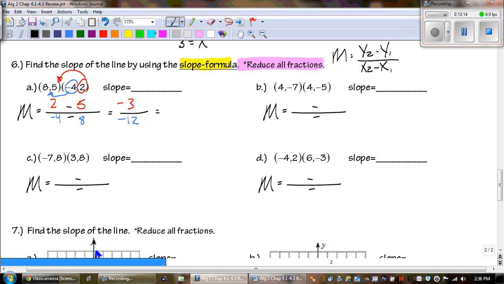So I can divide that by 3. And when we divide it by 3, we get 1/4. And why is it positive? Well, that's because there's 2 negatives. So our slope is 1/4. Okay? Why don't you try to do the rest of these on your own? Go ahead and pause the video, and good luck.